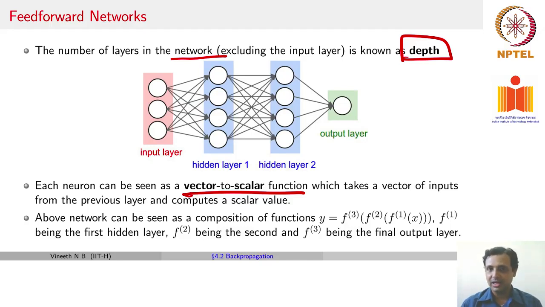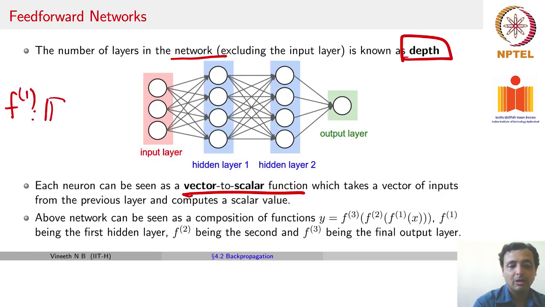Each layer is a certain function. Let's assume that you have layer 1 which is denoted by a function f1. This function takes you from R of the dimension of the input layer to R of the dimension of the first hidden layer.